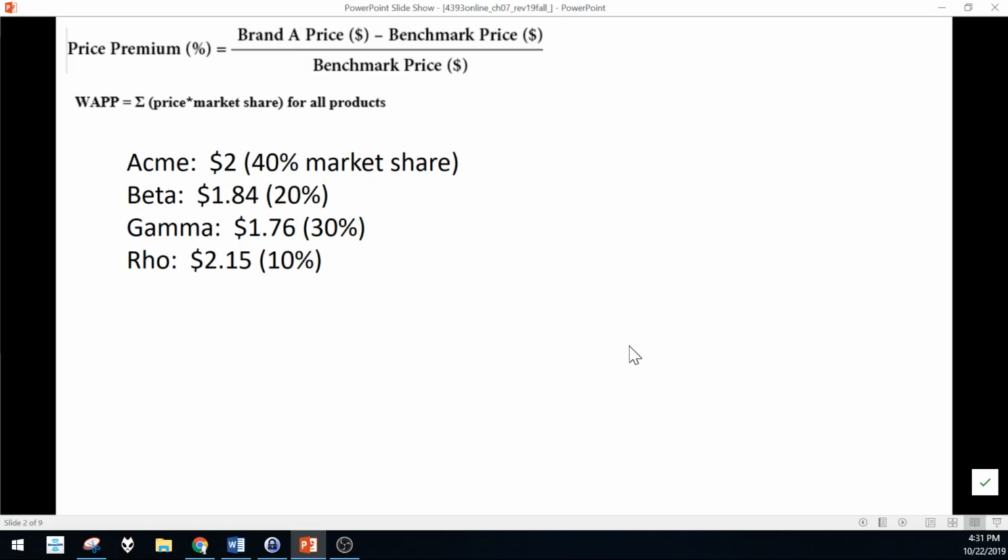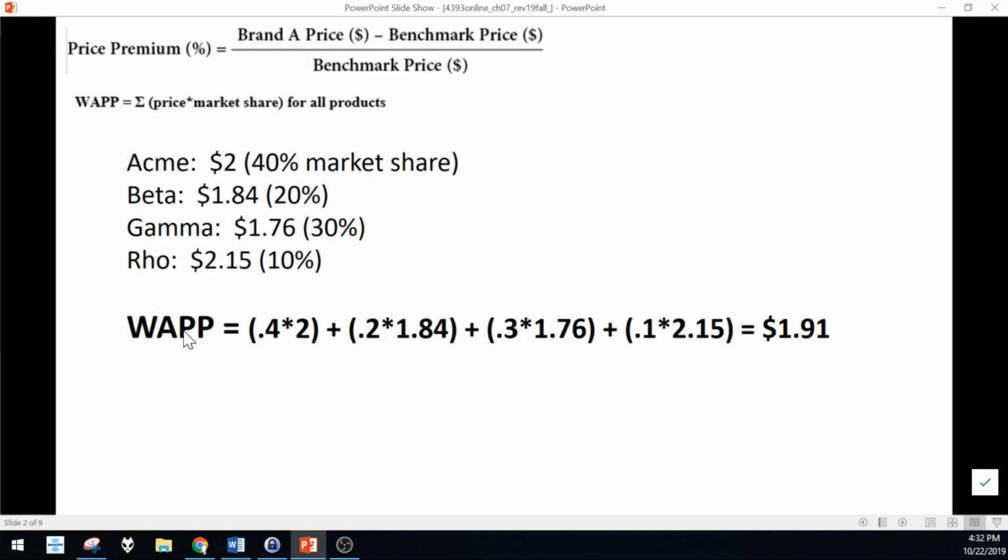Again, we weight it to reflect the percentage volume in the marketplace. You could just do a basic average of the three and make that the benchmark price, but it's more accurate, more valid, I should say, to go ahead and do the weighting. So the weighted average price is just the sum of all the prices times all the market shares.